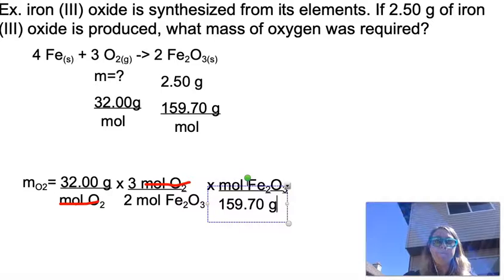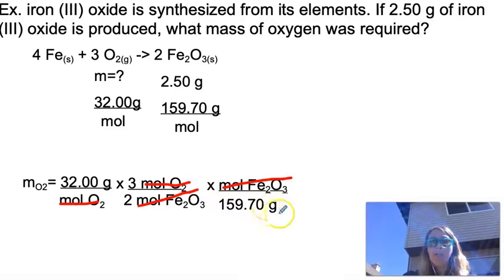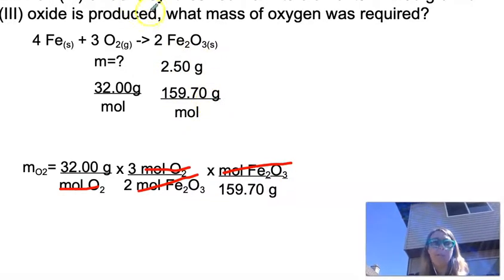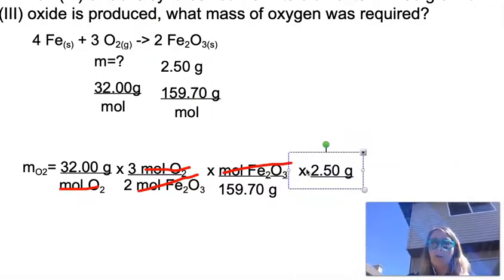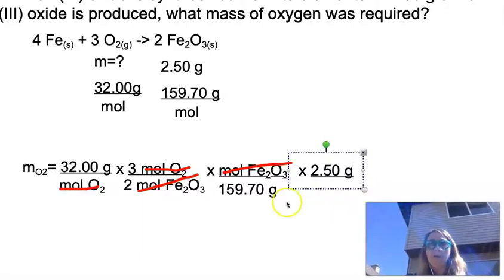Okay, so again, look at those units. We can get rid of moles of Fe2O3. Okay, last thing to get rid of is this grams that's associated with Fe2O3. And we have this 2.50 grams that we haven't used yet, which is grams of Fe2O3. So we're going to times by the 2.50 grams. We'll put that over 1.